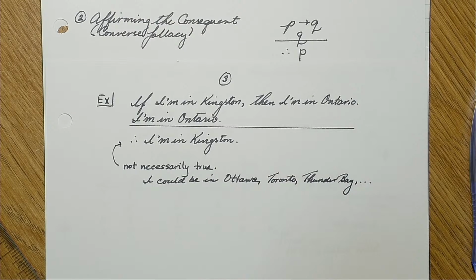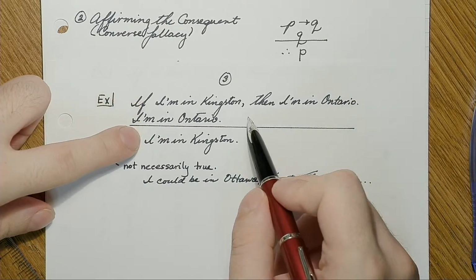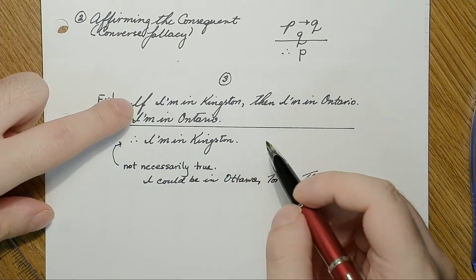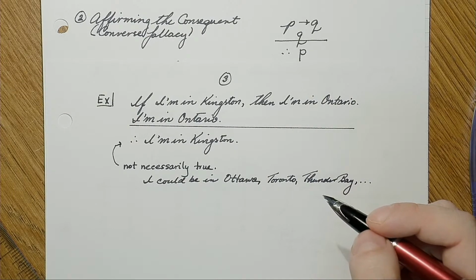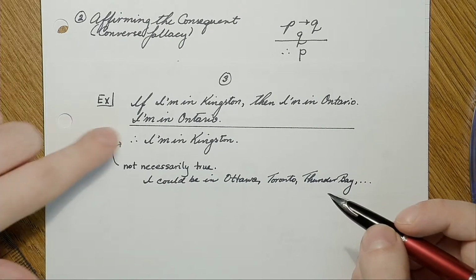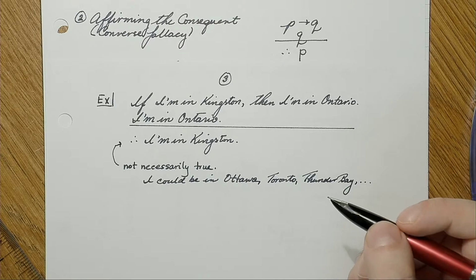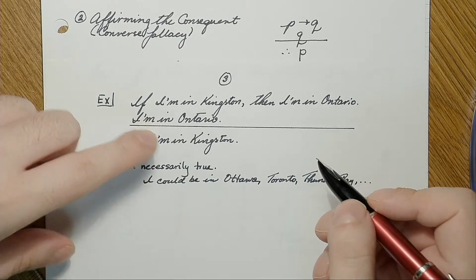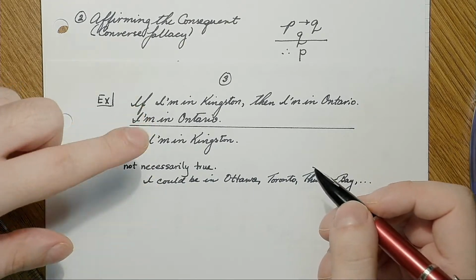But that's the problem with fallacious arguments, that these could be true, but then they generate conclusions that might not be true. In fact, I am in Kingston, but this is not necessarily true.